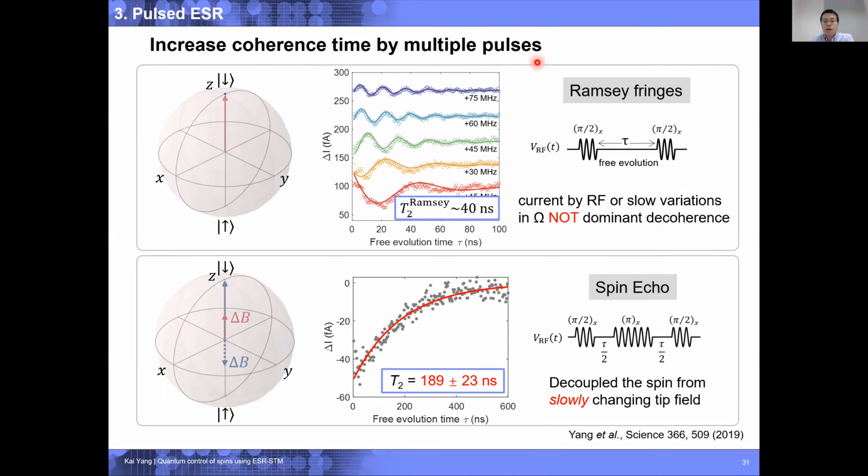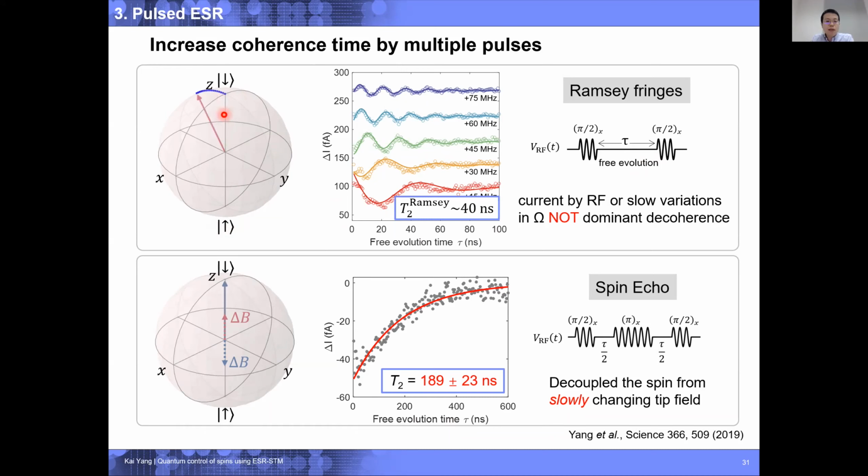multiple pulse sequences. The first pulse sequence we tried is the so-called Ramsey fringes. It consists of two half-pi pulses along the x direction, and in between is a free evolution time for the spin. During this measurement, we detuned the microwave frequency on purpose. That means during this free evolution time, the spin up and spin down states will pick up a relative phase.